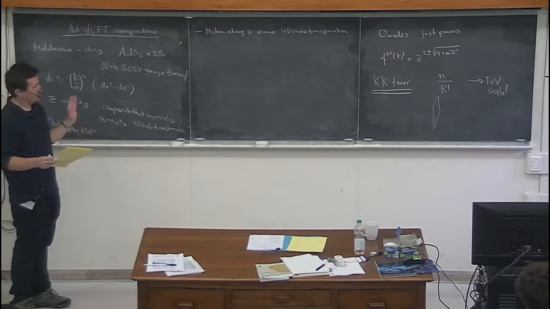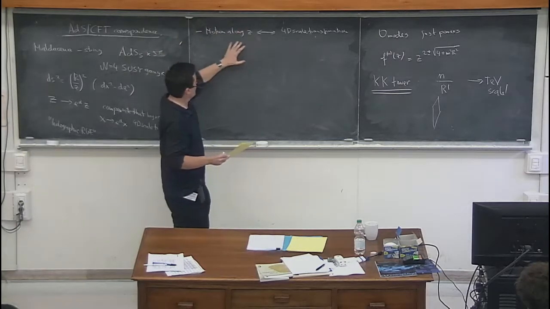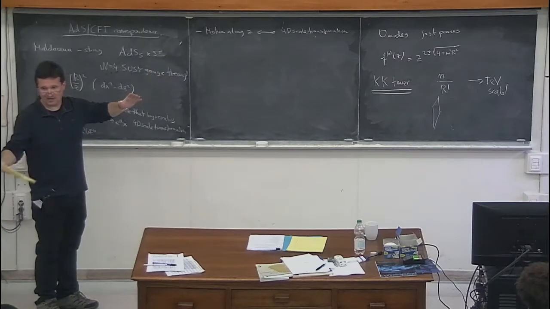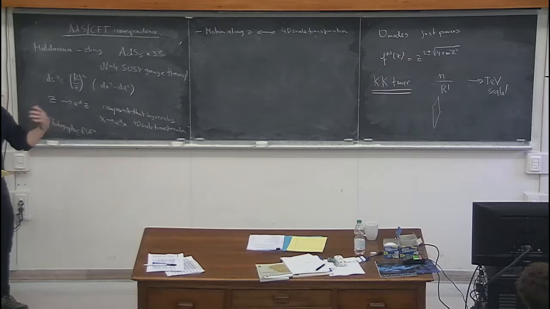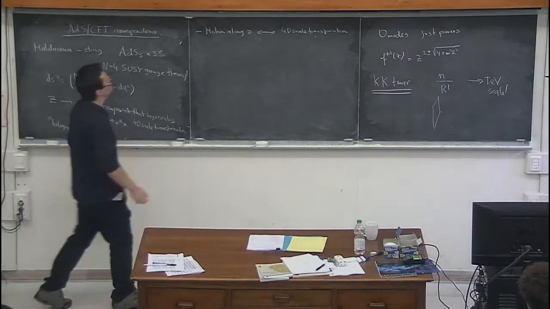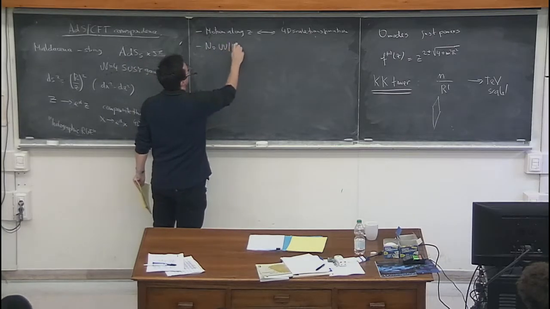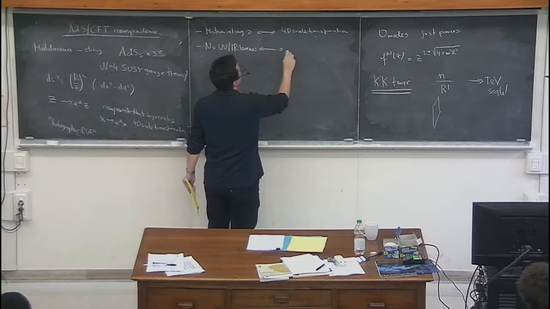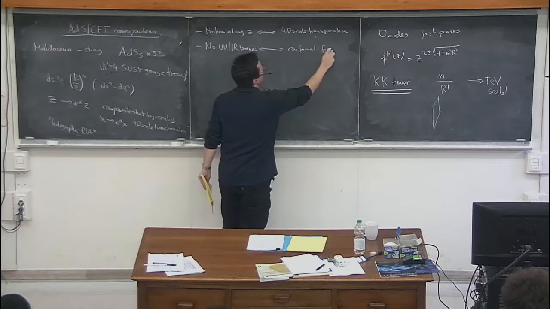The idea is that if I didn't have any UV branes or IR branes, then this theory could be completely scale invariant, completely conformal. So if I have no UV or IR branes, there would be a conformal field theory corresponding to it.